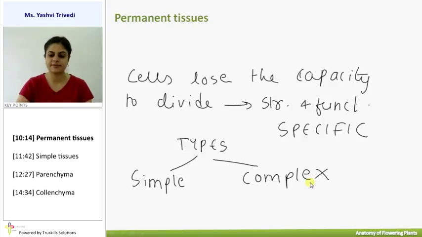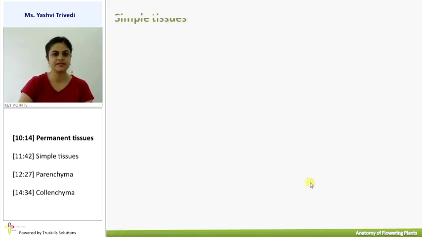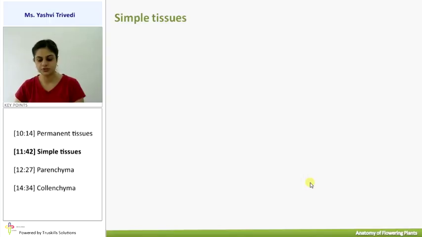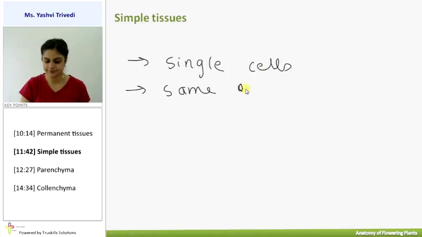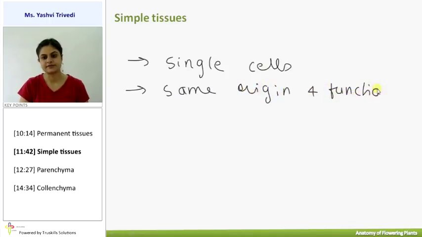Let us see both of them in detail. First is simple permanent tissue. As I said, simple permanent tissue will be made up of a single type of cells. All these cells will have the same origin and the same function. So that is called simple tissue.